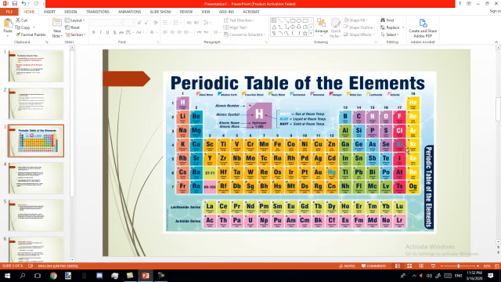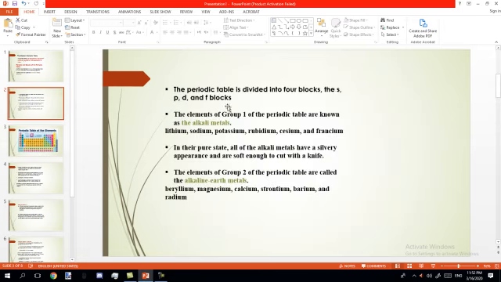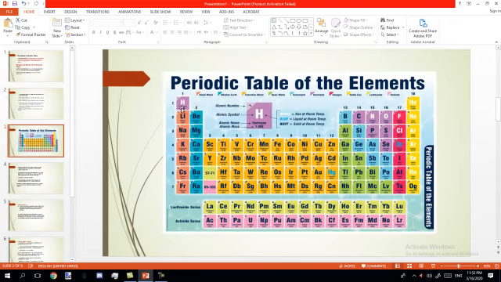So the modern periodic table: S, P, D in the middle, and F below the table. So now we know the symbols and the blocks of the periodic table. We'll start each block and the elements found in it. Let's first start with these 2 columns or these 2 groups, group 1 and group 2.